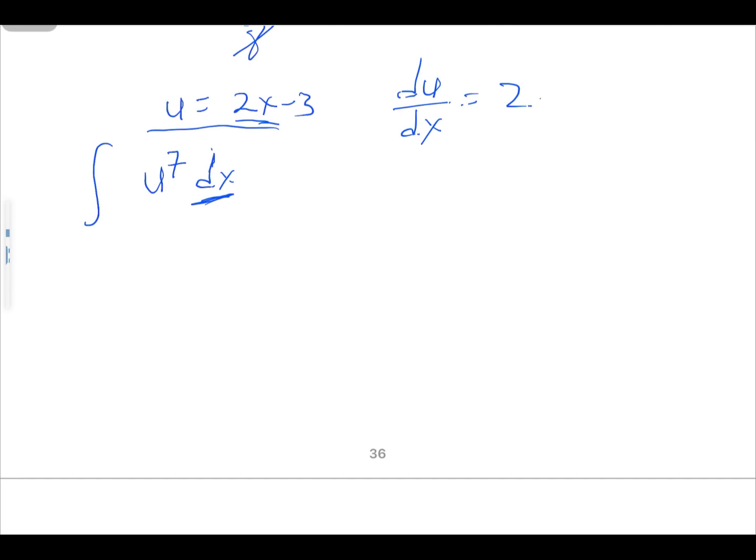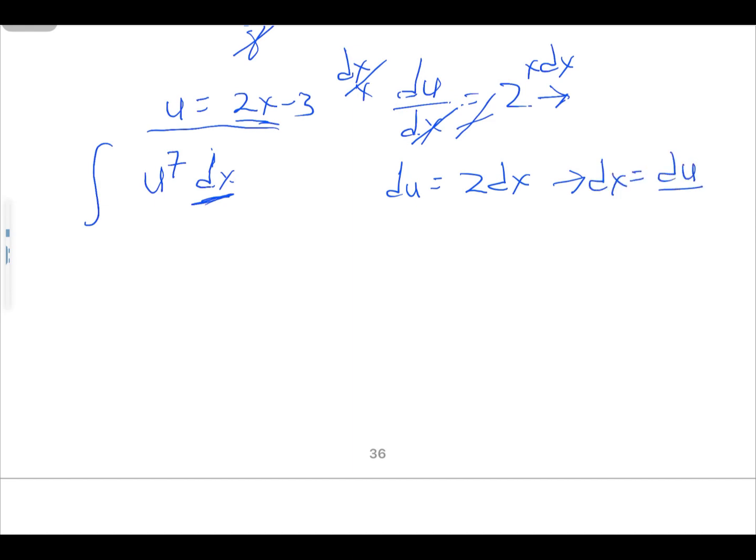We multiply through by dx, and this dx will go for this dx, and now I'll have du equal to 2dx. So having du equal to 2dx, I can say that my dx is equal to du over 2.